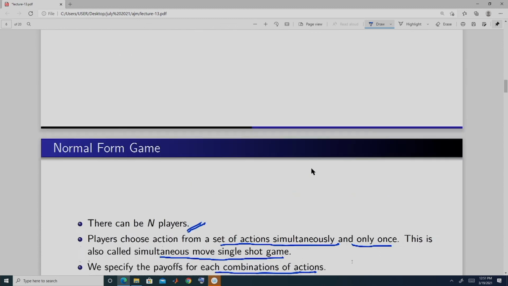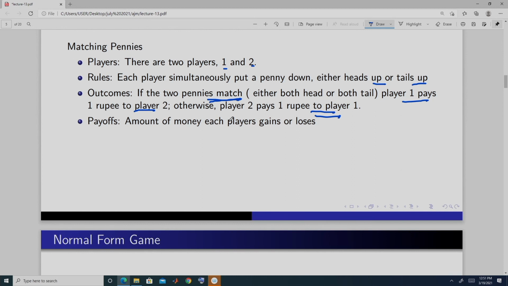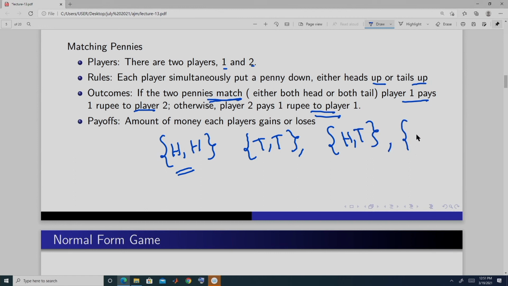Like in this, what are the possible outcomes? One possible outcome is head and head, and we define the payoff here. Another is tail and tail, another is head and tail, and another is tail and head. So, if it is head and head, player 1 pays 1 rupee to player 2. So, it is minus 1 to player 1 and plus 1 to player 2.